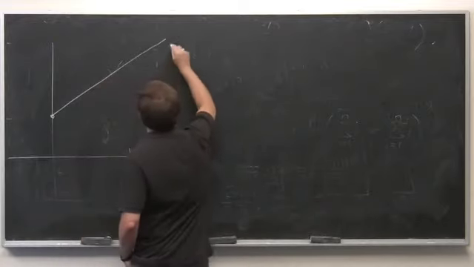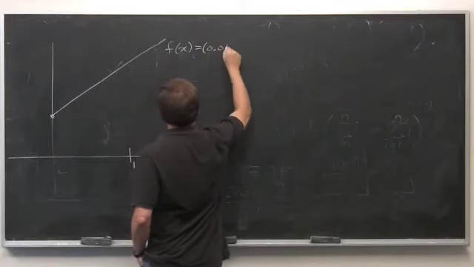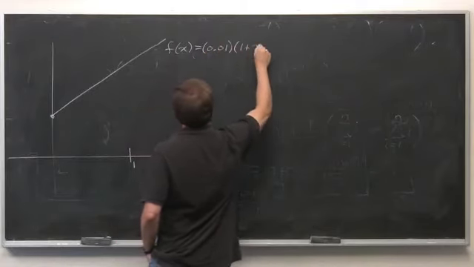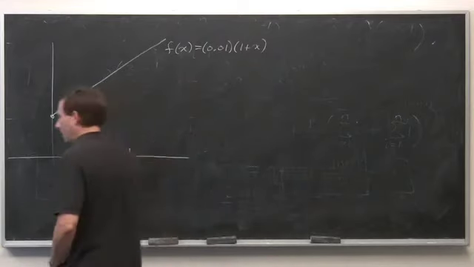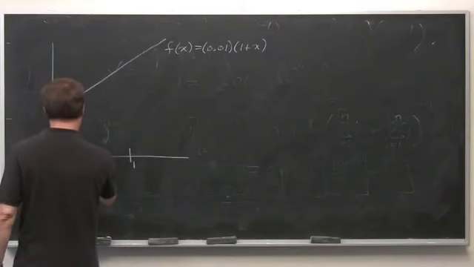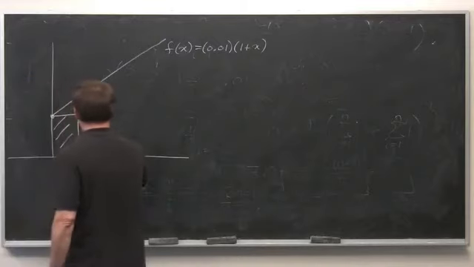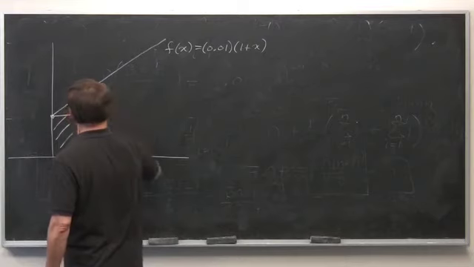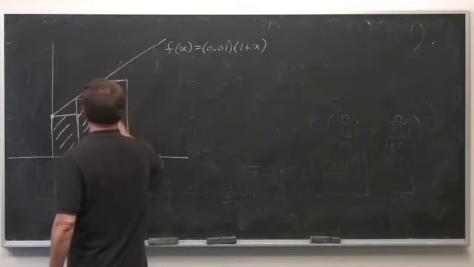This is, again, supposed to be the same thing. F of x equals 0.01 times 1 plus x. The left Riemann sum corresponds, graphically, to the sum of the areas of these 3 rectangles.